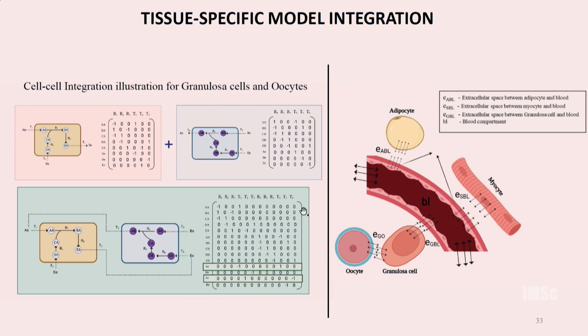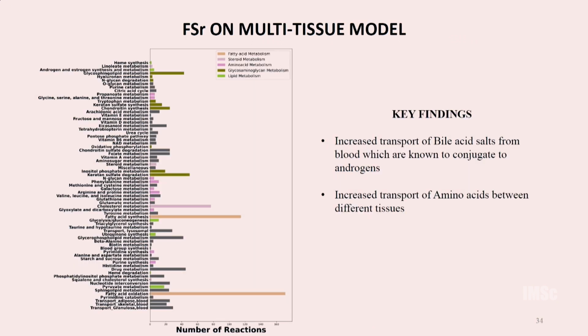Okay, this is just an overview of how we actually integrated it. In the interest of time, I will leave it for a while. But what I wanted to tell you is that when we actually integrated this model and tried to understand the pathways in different compartments, some key metabolic indicators for the PCOS have been shown.